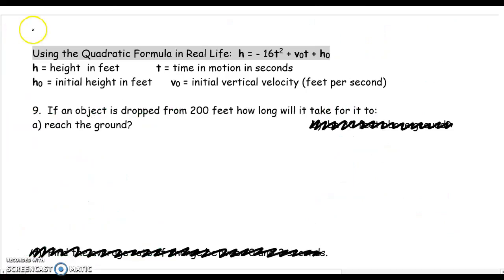At the top of your notes, I'd like you to add something. We are going to write down the formula for an object dropped. The formula for an object dropped is h equals negative 16t squared plus h sub 0.